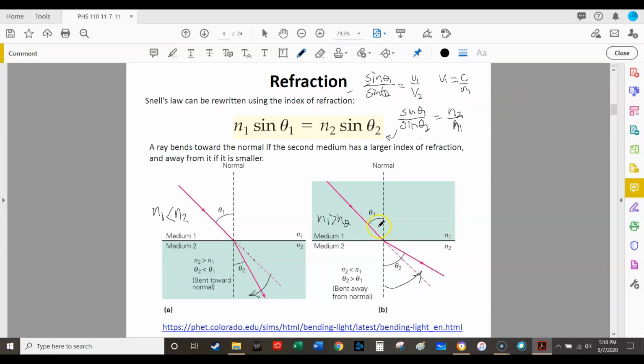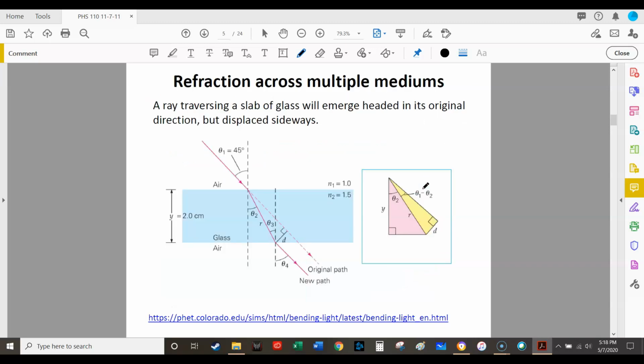So back to our PowerPoint, our PDF rather. Moving on, there are some problems where you go from one medium to another medium and then to another medium, right? And so what you have to do is trace the lines. You have the incident light ray coming in.